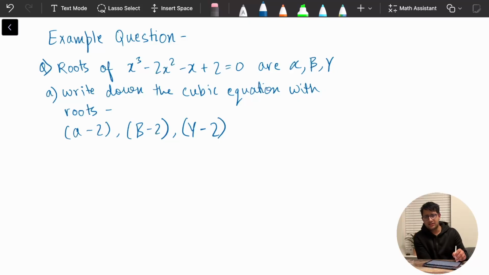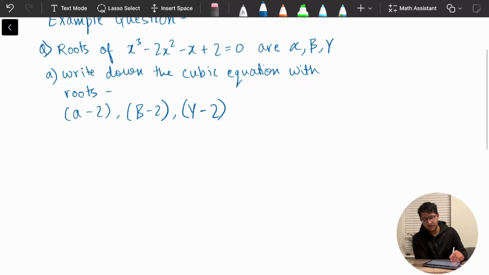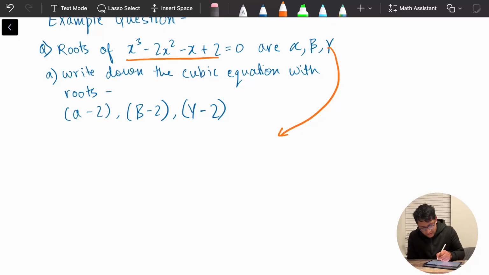And actually, it's a lot of algebraic working out, but I don't tend to find these types of questions too difficult. So firstly, let's extract information from here. Because the roots are there, and this is our cubic, we know that alpha plus beta plus gamma is minus b by a, which in this case is 2 by 1.